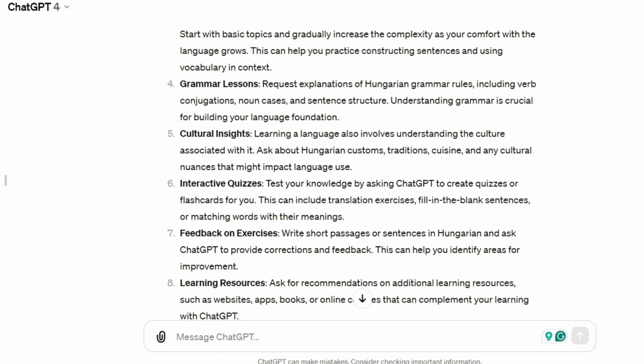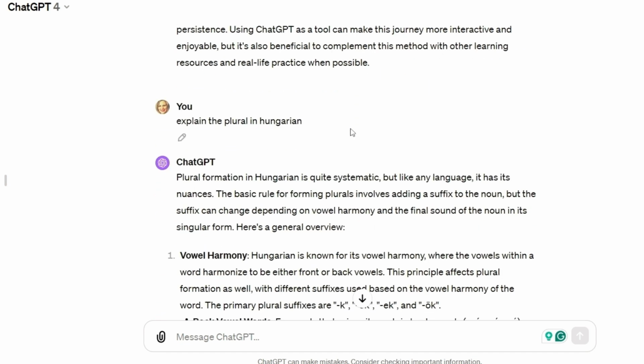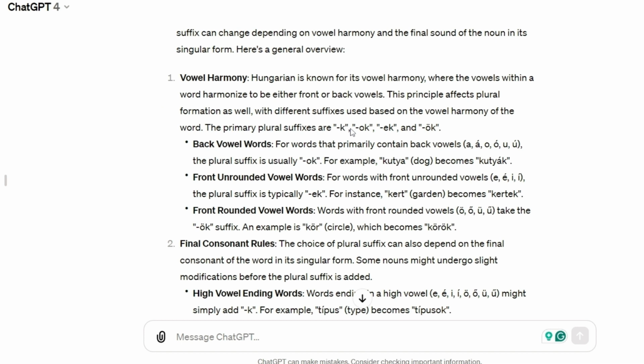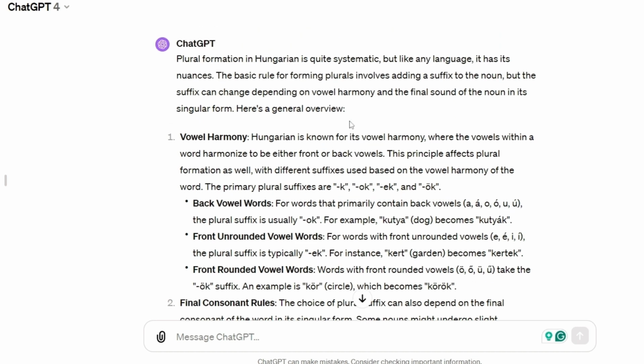Okay, well, all right. Let's put its explanation of the plural rule to the test. All right. Vowel harmony. Hungarian is known for its vowel harmony, where the vowels within a word harmonize to be either front or back vowels.